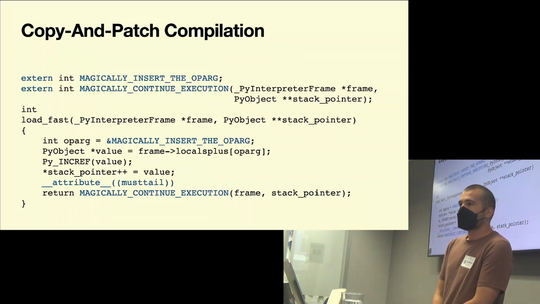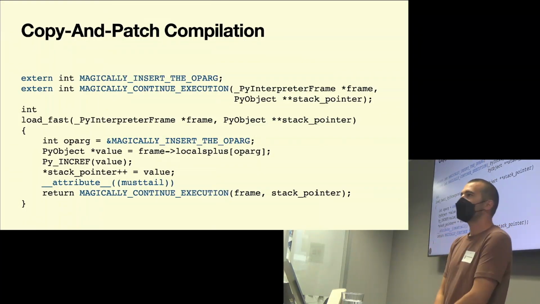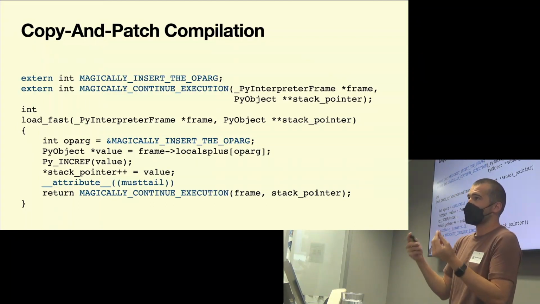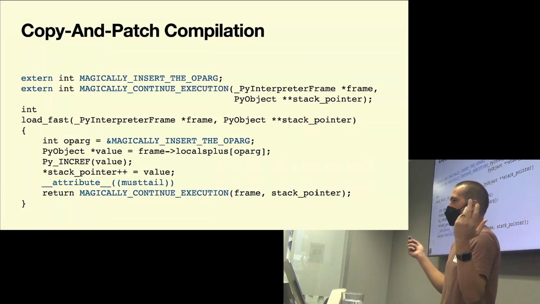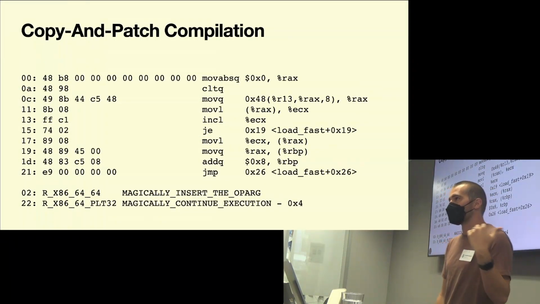And since we're using Clang, we have this beautiful must-tail attribute on the final continuation call, which means that we will just get a single jump that we can use to flow into the next opcode. And even better, if that jump happens to be of length 0, we can just skip the jump entirely. So the object file that we get out of this when we compile this to ELF looks a lot like this, and we have everything we care about.